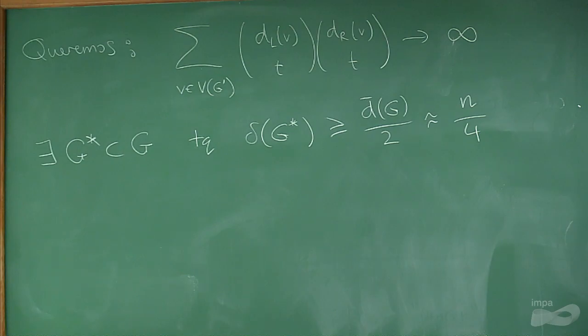So is this going to be enough? Is this min degree of n over 4 enough to prove what we want? I mean, it's better than we had before. Before we had 0, but is it enough? If the density is a quarter, can you guarantee that left degree choose t times right degree choose t is bigger than 0?